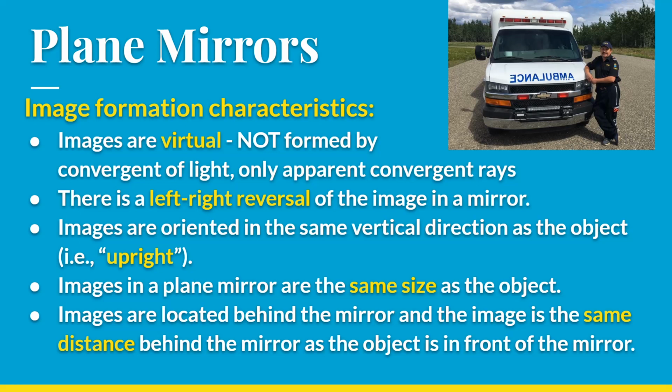And that's this last one. Images are located behind the mirror, and the image is the same distance behind the mirror as the object is in front of the mirror. Those are the image formation characteristics for a plane mirror. I'll give you a moment to write those down if you're still copying them. This, by the way, is slide 63 in case I'm going too fast.